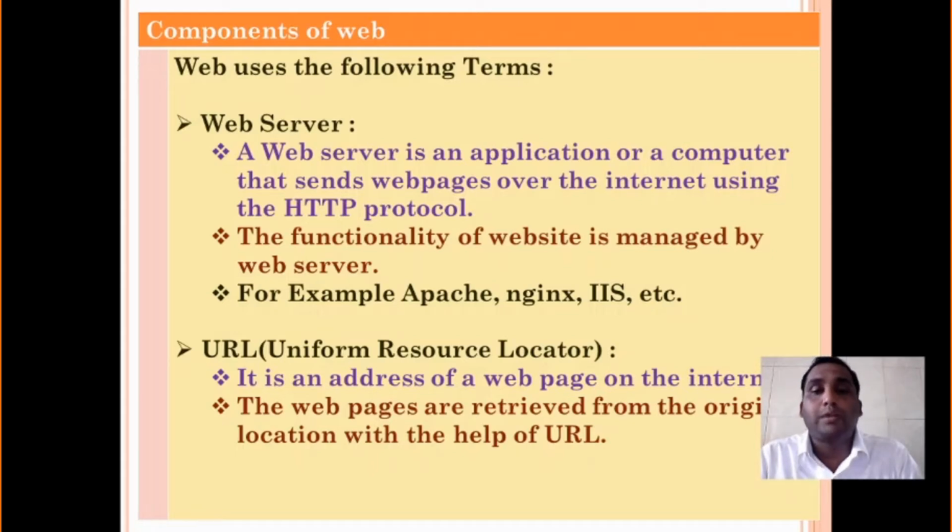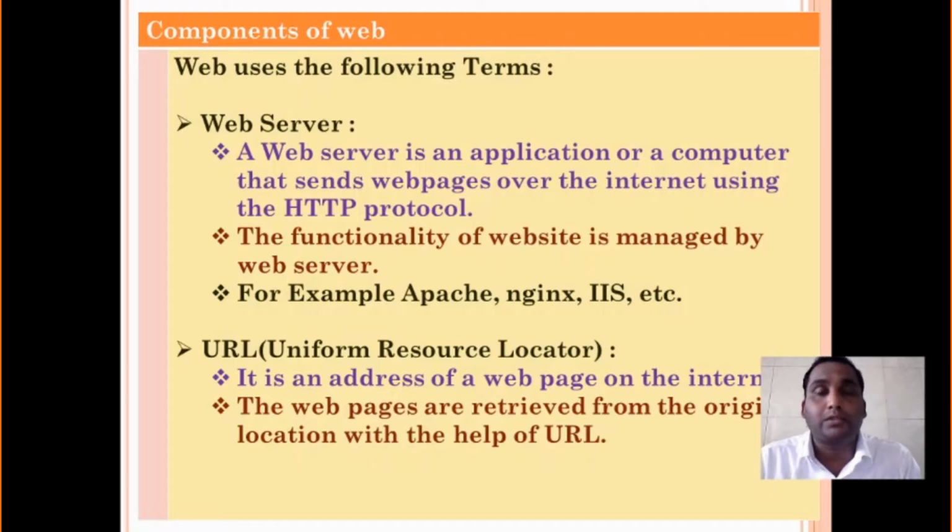URL, Uniform Resource Locator. It is an address of a web page on the internet. It is an address, as I already said before. It is a unique address of a web page on the internet.